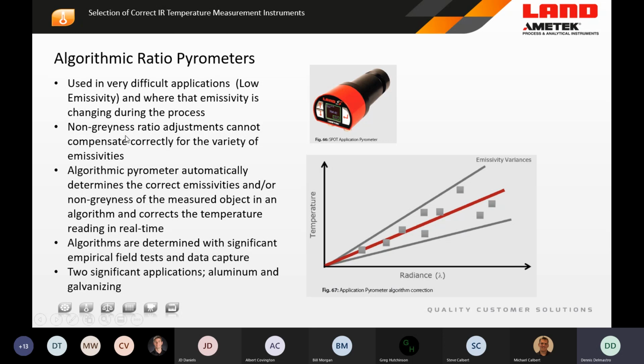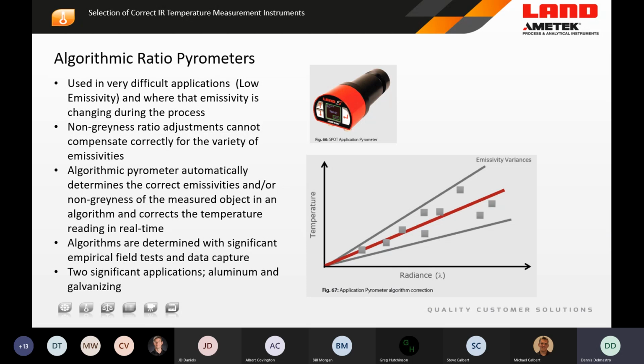And despite having the ability to change non-grayness ratios, due to the changing effects of emissivity, we can't do it very well. So you have to use these algorithmic pyrometers, which automatically determine the correct emissivities or the non-grayness of the measured object in an algorithm, and they correct the temperature reading in real time. The algorithms are determined with significant field tests and data capture.